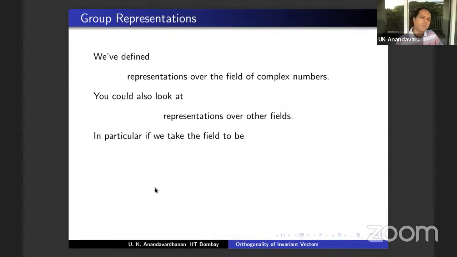And in particular, if we take the field to be F_p bar. So F_p is the finite field of p elements, Z mod pZ, and bar means you fix one algebraic closure. If you take your field to be the algebraic closure of the finite field of p elements, then this theory is called the representation theory of finite groups over F_p bar.